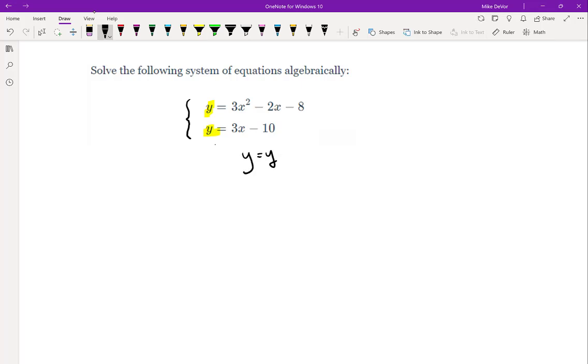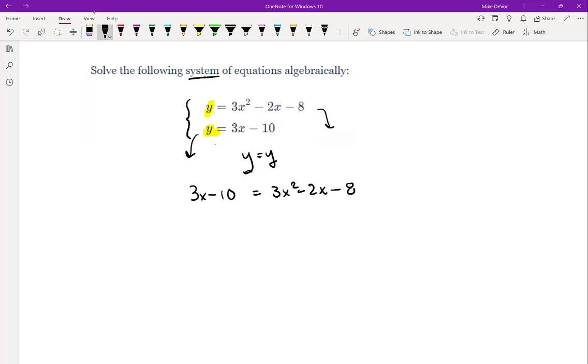This y has to equal this y, because they're in the same graphical situation. So I'm just going to substitute: 3x minus 10 equals 3x squared minus 2x minus 8.